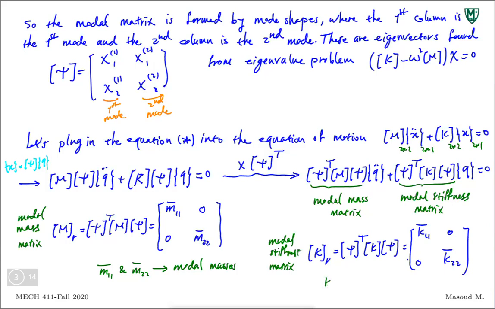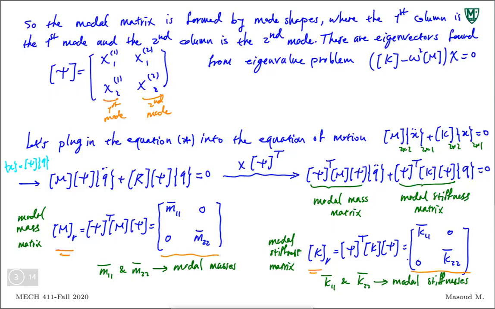And K11 bar and K22 bar are modal stiffnesses. So we have modal masses and modal stiffnesses. Now let's rewrite this equation. I got the modal mass matrix and modal stiffness matrix. I know it's this now, and this one I know is this.